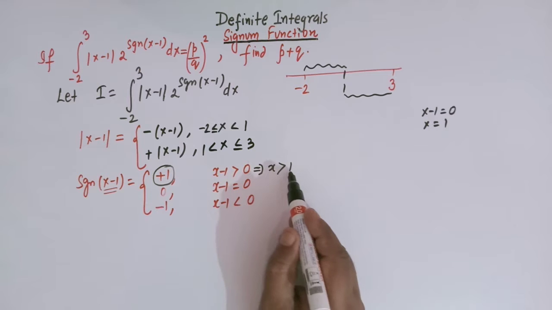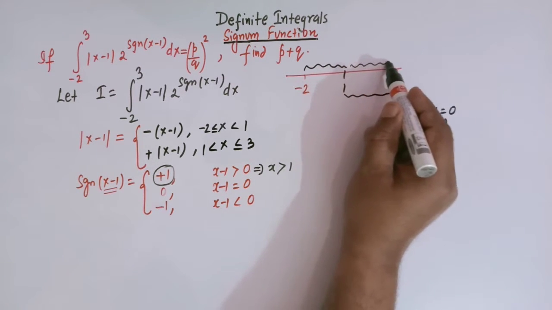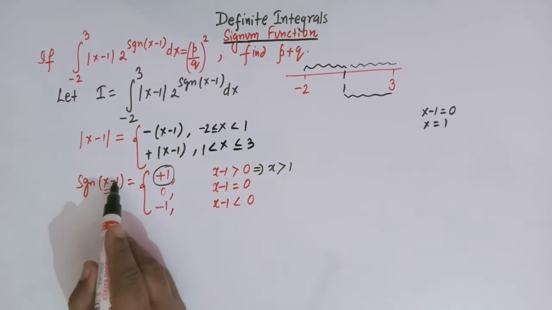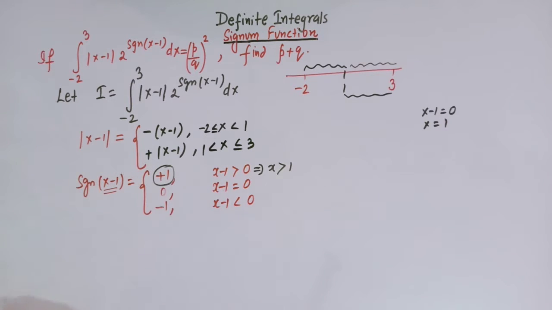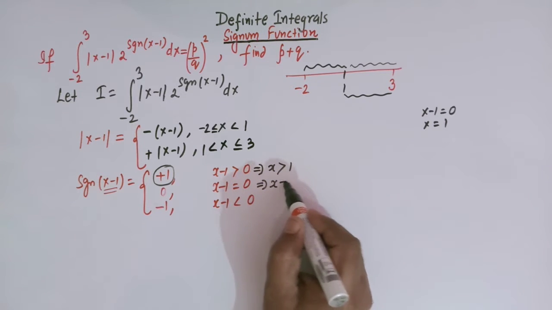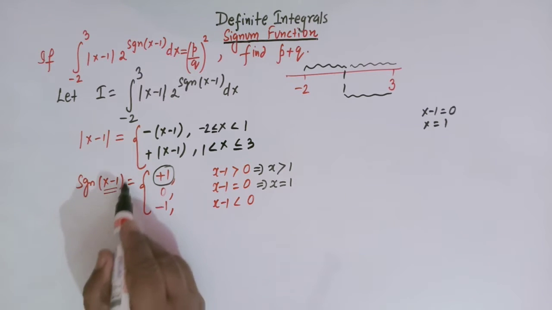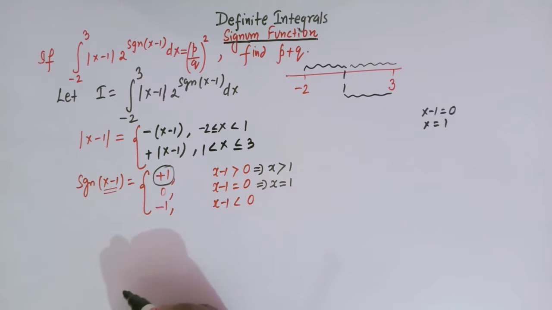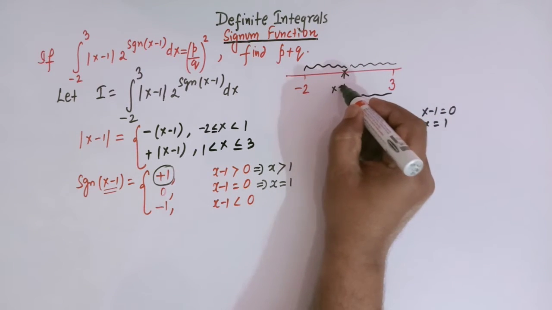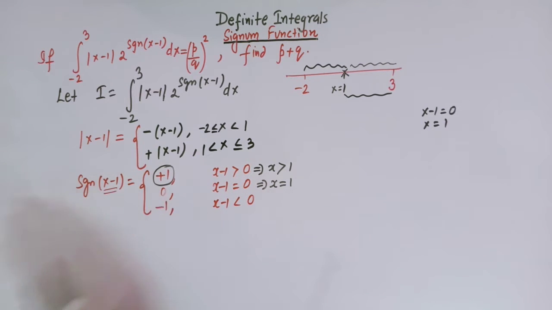When x is equal to 1, signum of (x - 1) is equal to 0.